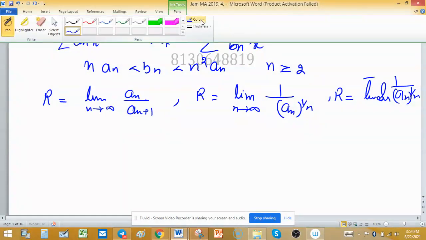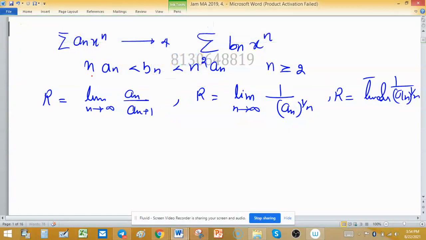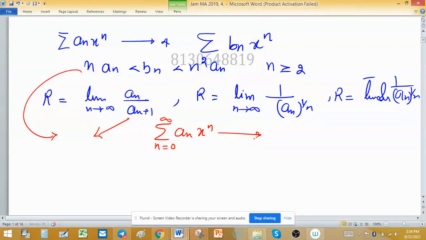As you can see, this is the inequality which is given to us, and we will use it to find the radius of convergence of the power series. Normally this is the format whenever the series Σ an x^n is running from 0 to infinity; we call this the standard format of a power series.